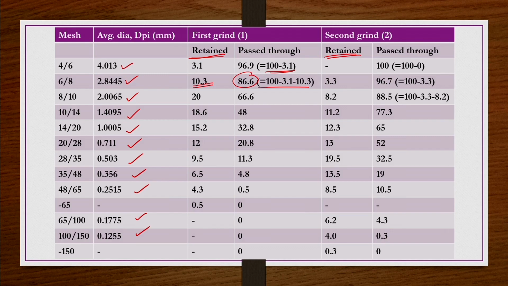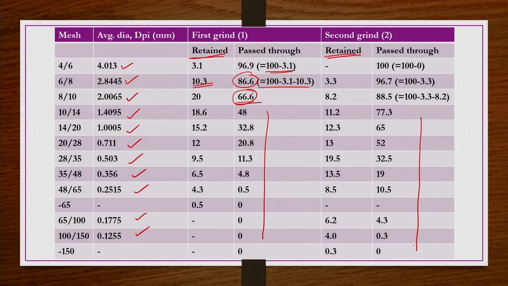Similarly, 100 minus 3.1 minus 10.3 minus 20 gives 66.6% of material passed through screen 8. Like that, one can construct, for all the screens, the percentage of material passed through for a given mesh increment. Similarly, one can do the same thing for the second grind.